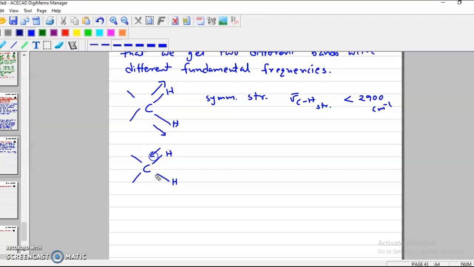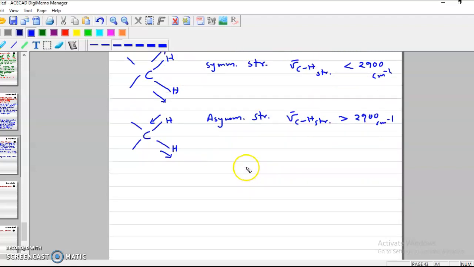If asymmetric stretching takes place, then CH stretching frequency appear at greater than 2900 centimeter inverse. So there will be slight difference in these two bands.